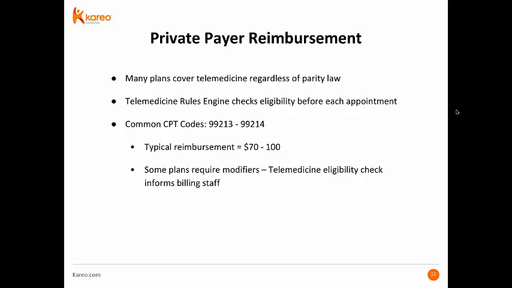Regarding coding, typically we see a lot of level 3, the 99213 CPT codes used, and the platform will ensure that all modifiers are correctly coded, keeping you and your practice in compliance. We get a lot of questions around how you can bill for a level 3 visit if there isn't a physical examination. And if you look at the E&M guidelines, as long as you hit 2 out of the 3 components, which of course include discussion of medical history, physical examination, and some degree of low to mid-complexity medical decision-making, the appointment will qualify as a level 3.